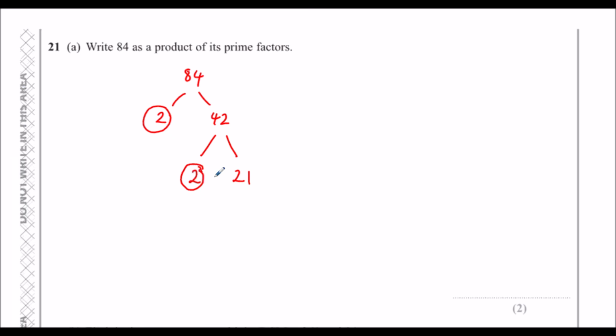And 2 is prime, I'm going to circle it. 21 isn't, 21 is 3 times 7. And 3 is prime, and 7 is prime. So 3 times 7 is 21, times 2 is 42, times 2 is 84. So we can say 84 is 2 times 2 times 3 times 7.